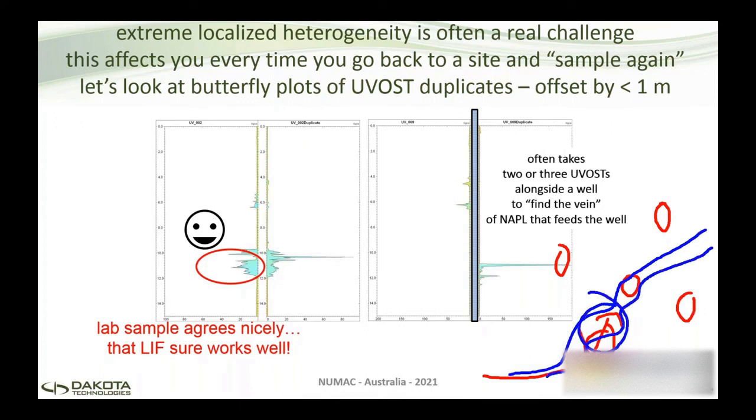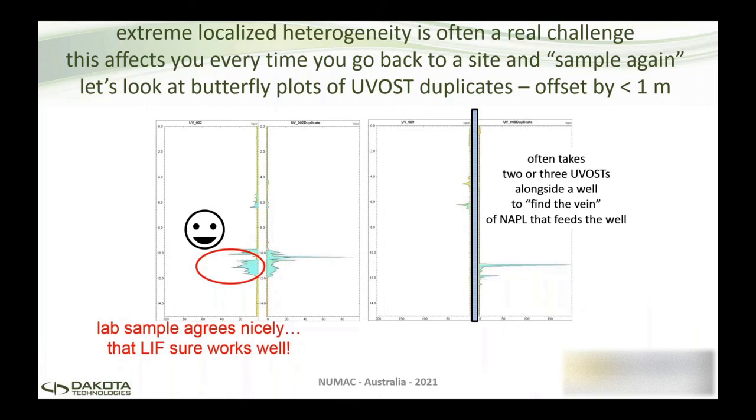Only one of those UVOST logs actually was able to barely stab a little vein of NAPL. So oftentimes it isn't a very large feature that's feeding NAPL into these wells.